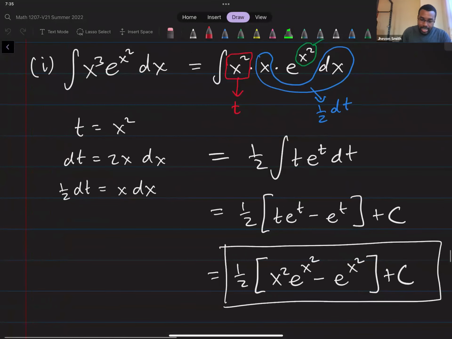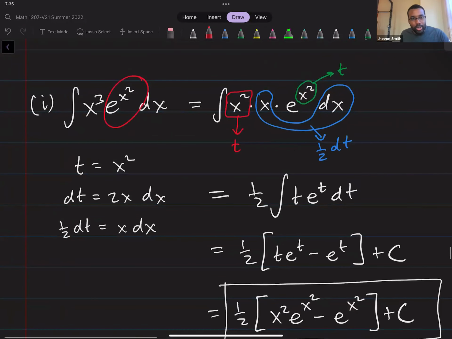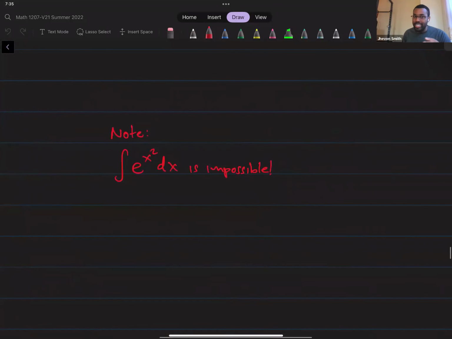So when I see this show up in an integral, I don't like the e to the x squared. Having an x squared in the power of an exponential is bad news for integration, which hints to me that I probably want to use a substitution to get rid of that. I don't want a squared variable in the power of an exponential. I'd rather have just a linear variable in the power of an exponential, because when it comes to integration, one of those things is death.